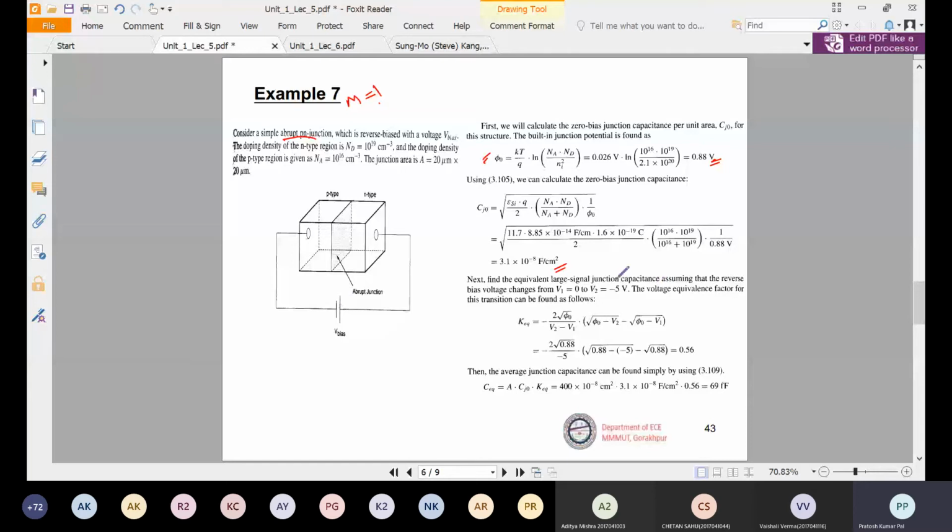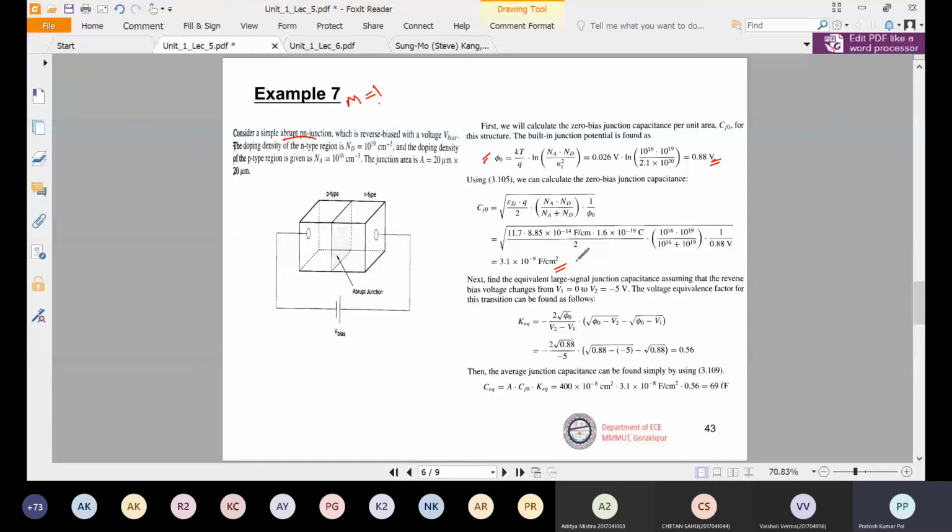Because it is reverse bias, it will go from 0 to minus 5 volt. So phi naught minus minus will finally be plus. If it is reverse bias, the junction width will increase, so the junction capacitance will also increase.